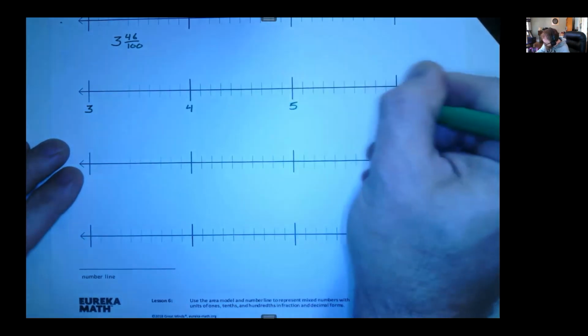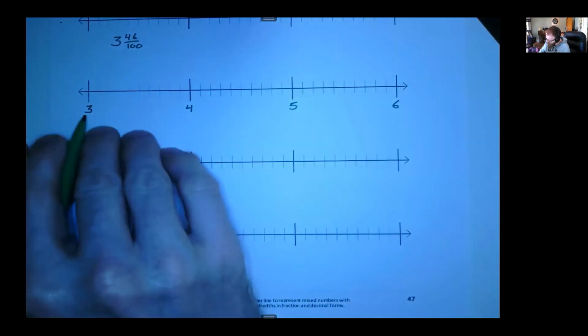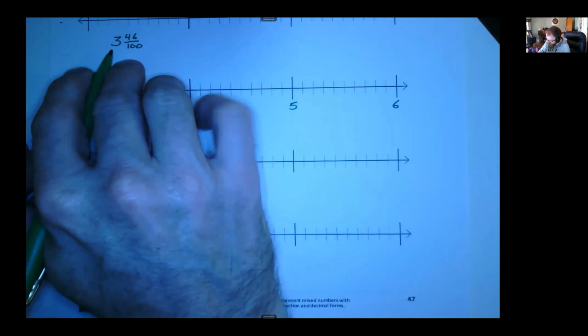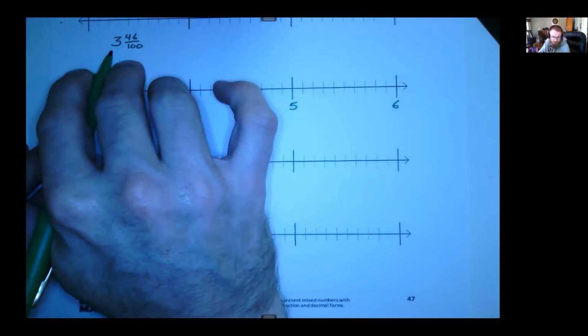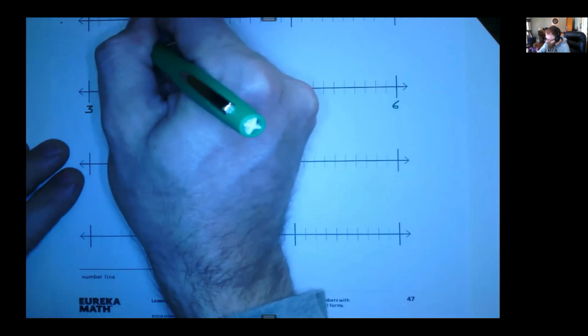Our wholes are 3, 4, 5, and 6. So if we are going to start at 3, we've already represented our 3 wholes by starting our number line there. So that part is complete.